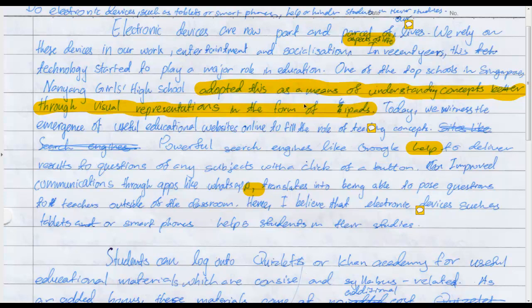This is the pronoun here, "as a means of understanding concepts better through visual representations in the form of iPads." So there are some expression errors here. This should have been written as "adopted iPads" instead of "this." So you mentioned iPads first as a means. The iPad is the tool of understanding concepts better through visual representations of concepts. So that is very clear.